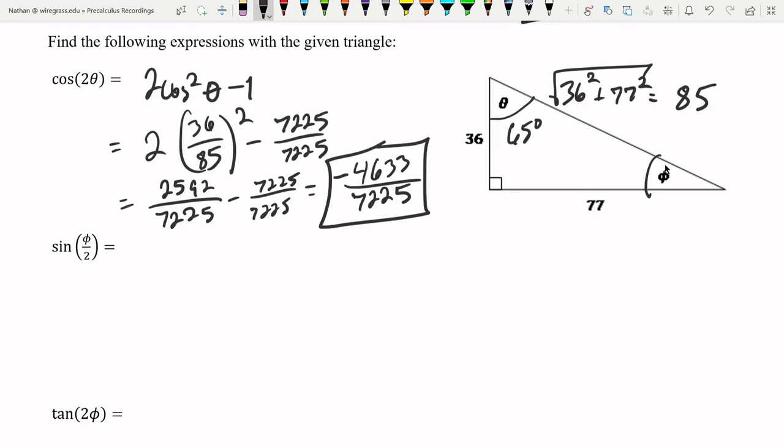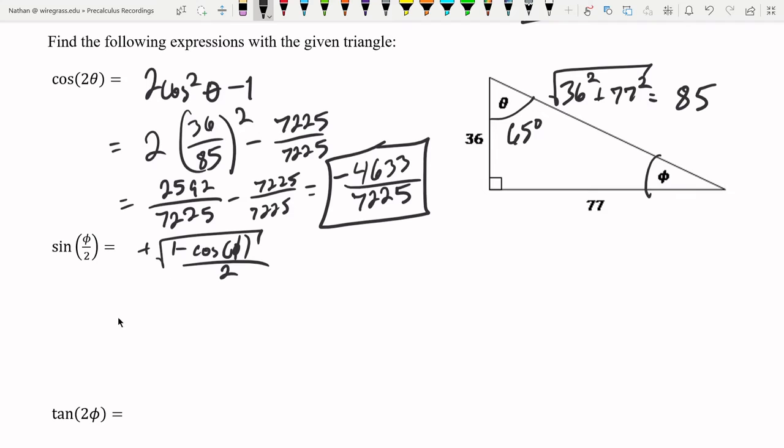So we know that we're going to have the positive version because we have the choice of plus or minus. I'll show you that here. Sine of phi over 2 is going to be plus or minus the square root of 1 minus cosine phi over 2. And like I said, we're going to have the positive version, not the negative. We're going to be still in the first quadrant.